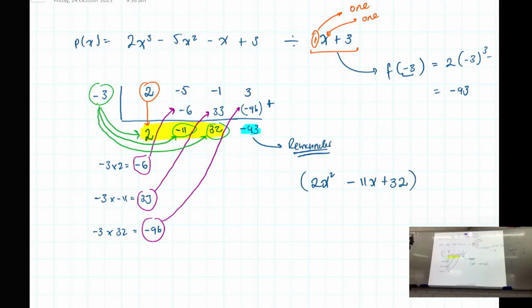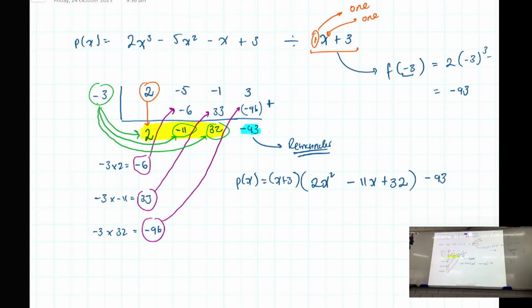That's it. And then technically the solution is p of x equals x plus 3, which is my first linear factor, times that quadratic, plus, minus 93.